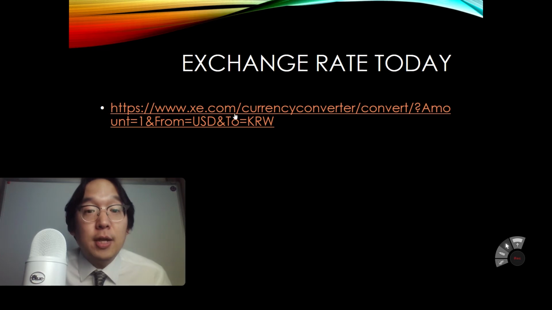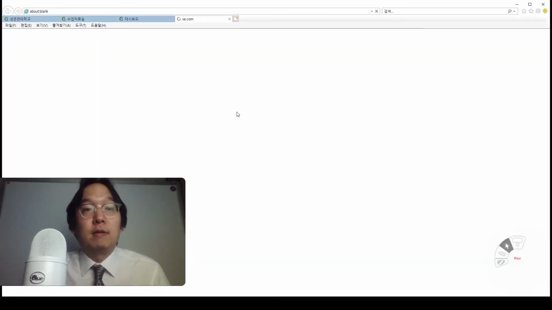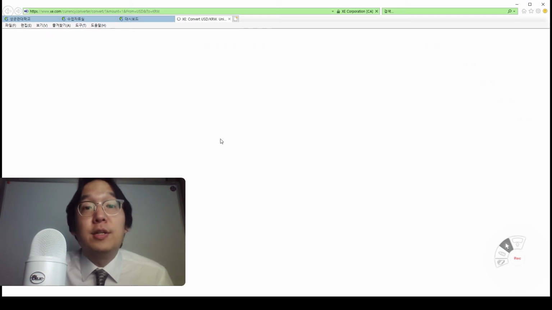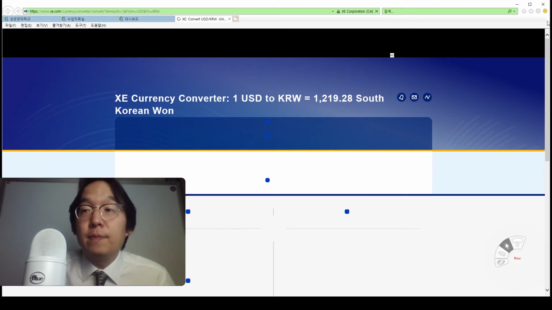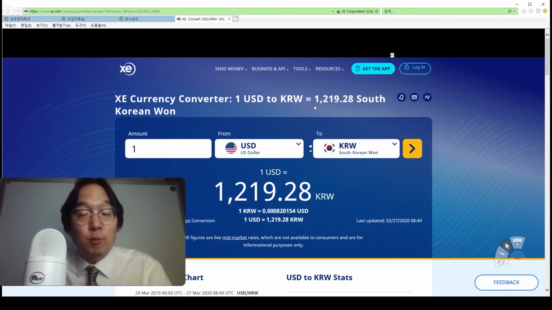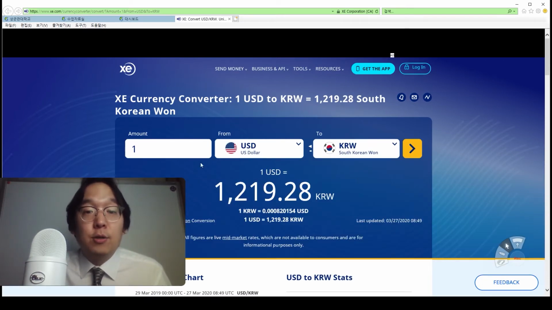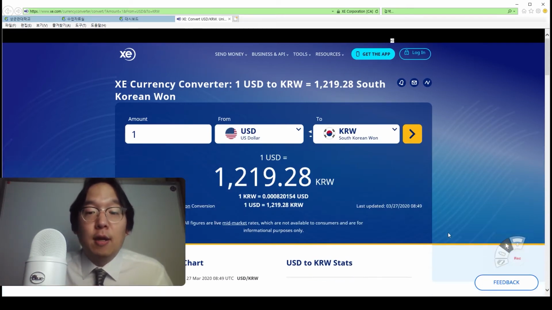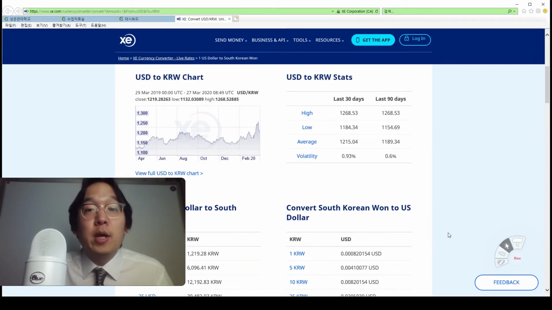FX rate today, you can check out all the time, right? Click it and you will see this. And another thing, okay. US dollar is 1219.28 Korean won these days, right? You can play with this with other currencies as well, okay?